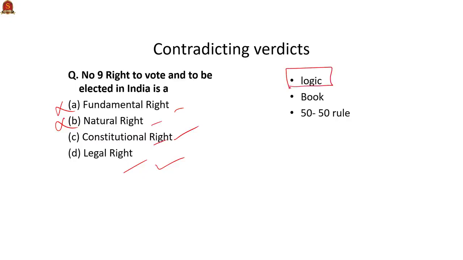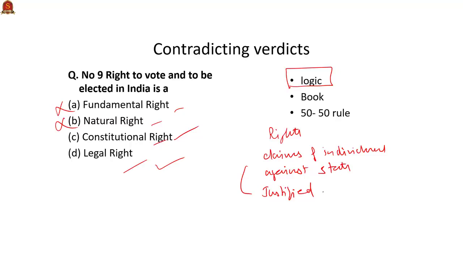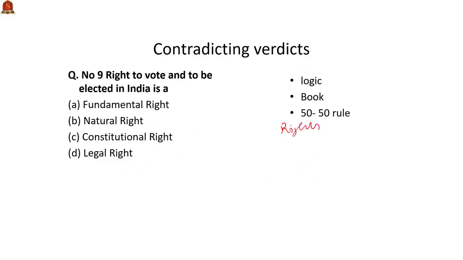One is to apply logic. See here, when you apply logic, what are rights? Rights are claims of the individual against the state. Now if these claims are accepted as justified, then they can be called rights. In other words, rights are justified claims.